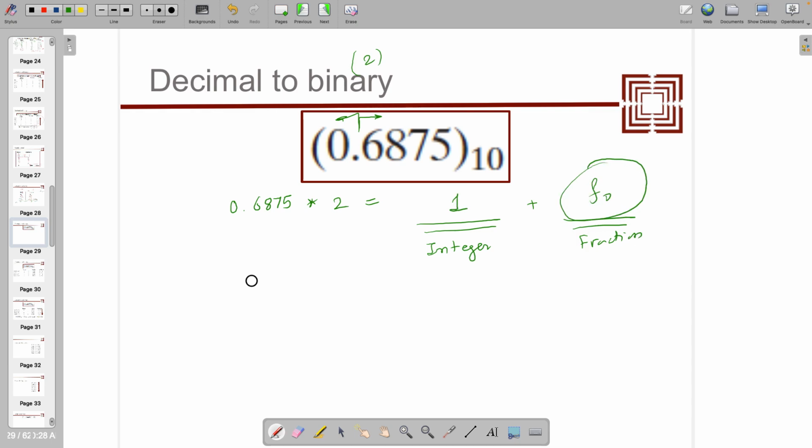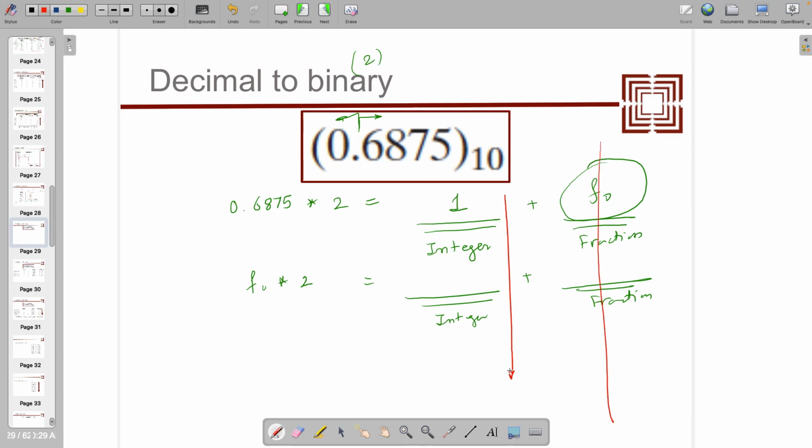Let's call it f0. F0 again will be multiplied by 2, giving some integer part and some fraction part, right? So you just keep on doing that and discard all these fractions. You go from top to bottom, and these integers will be either 0 or 1. That combination is going to give you the equivalent binary number.